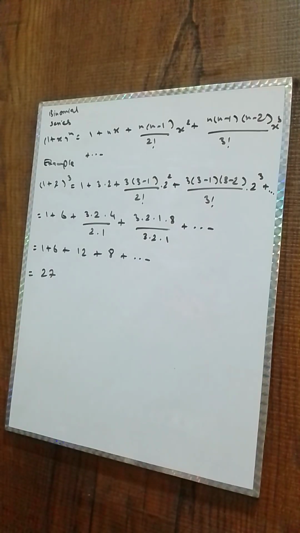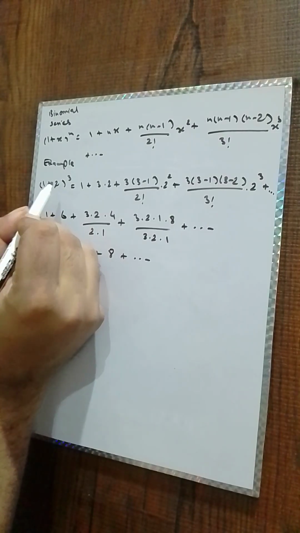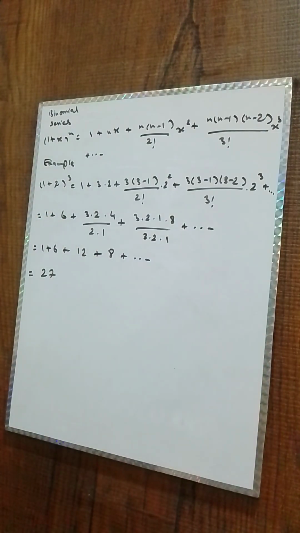So this is how we proceed with the binomial series, and for the theorem we have a slightly different structure which we will explain just now.